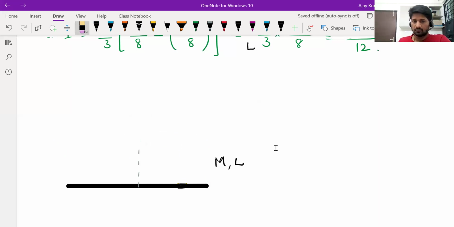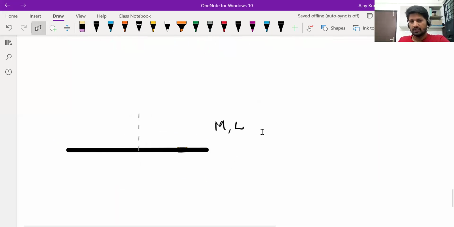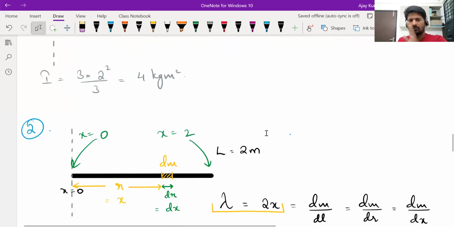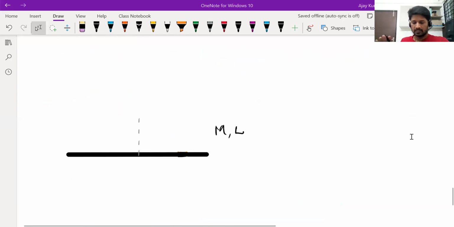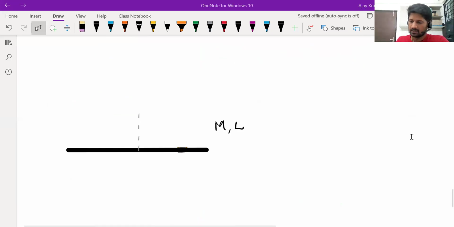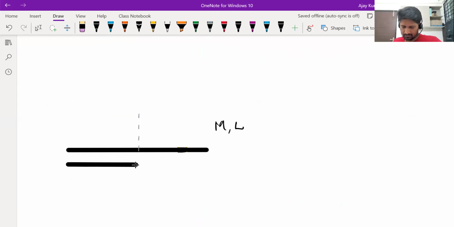But before this derivation, we had already derived the moment of inertia of a uniform rod about an axis passing through one end perpendicular to it. Now this given system can be considered as two separate rods like that. One rod from here to here, another rod on the right side.